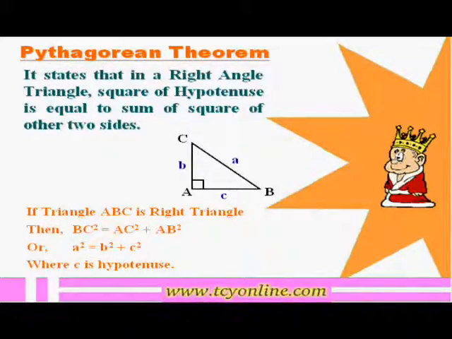That means BC square will be equal to AC square plus AB square. Or in other words, a square is equal to b square plus c square, where a is the hypotenuse, b is the altitude and c is the base of the right triangle.